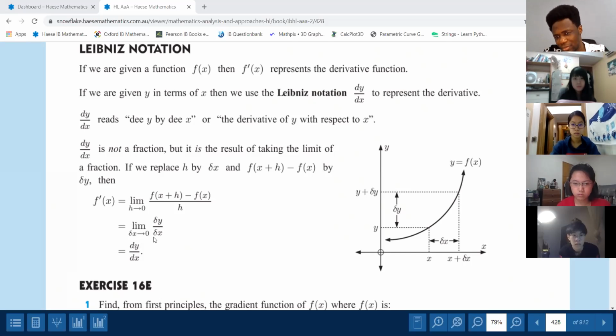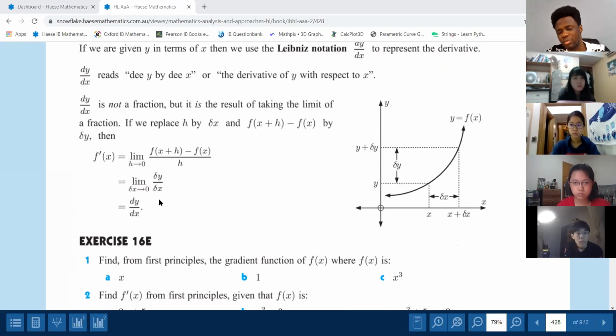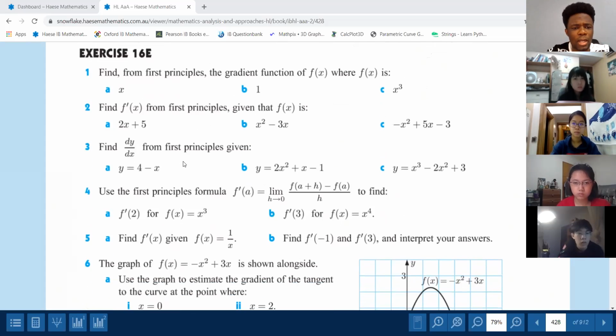So basically dy by dx is the limit of delta y over delta x as delta x tends to 0. That's what we are trying to say. Understand? But you don't have to do your workings in this form. You can just stick to the previous one. Understood?